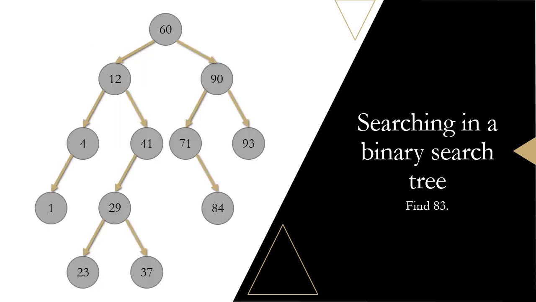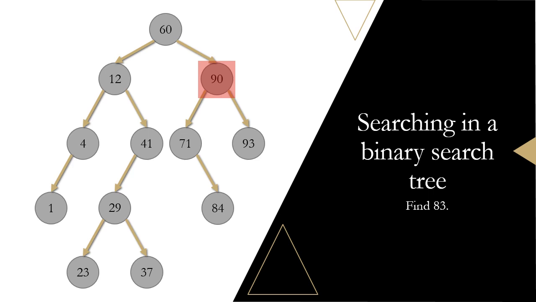Let me show you an example. I am trying to find 83 in this binary search tree. I start with the root and I compare 83 with 60. And then I find out that 83 is greater, so I should move towards the right subtree. So I will call the search function again for the right child of 60, which is 90.